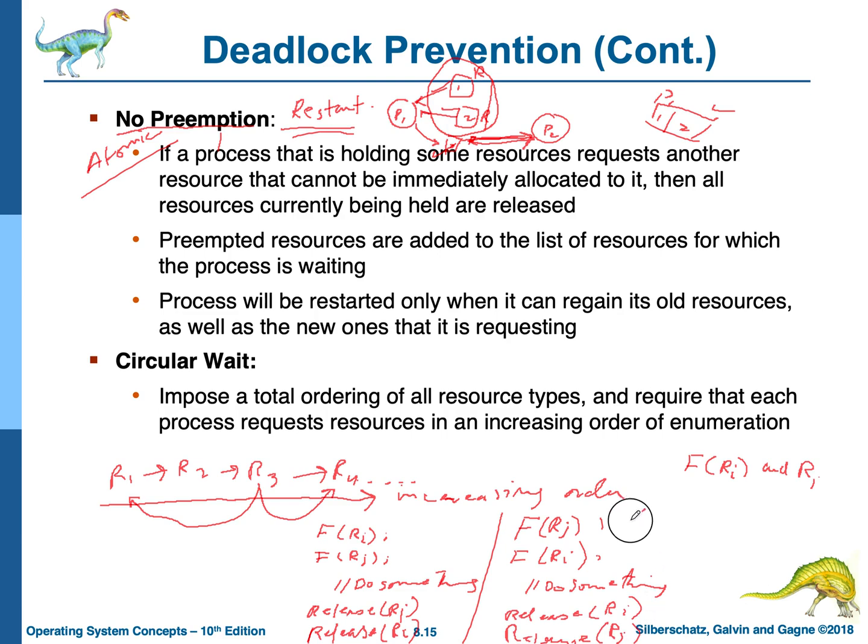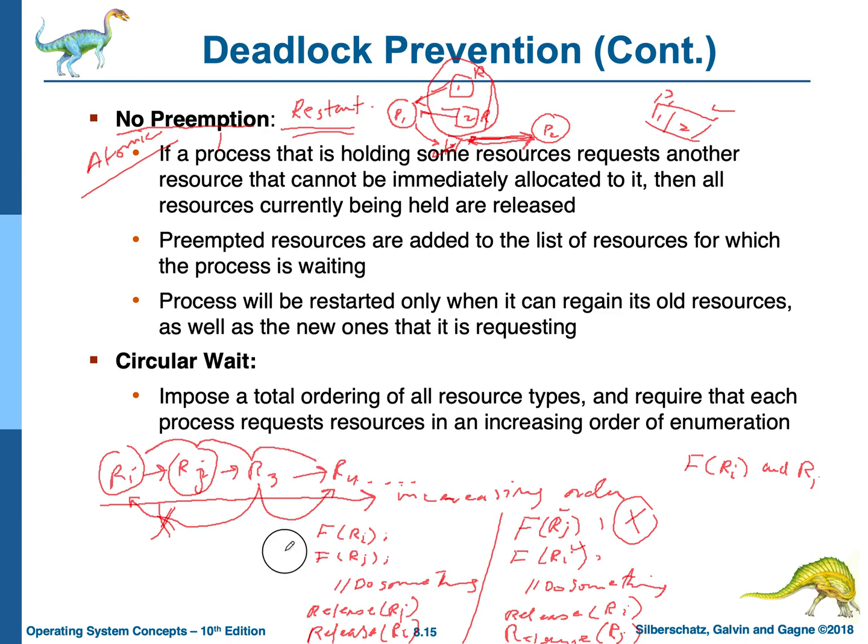Now this is not correct because the requests are not in increasing order. Now first we are accessing j and then we are accessing i resources. It means that if this is j, right, and this is i, first we are accessing this and then this. However, this is not permissible. We impose the system to access in the increasing order, not in the decreasing order.